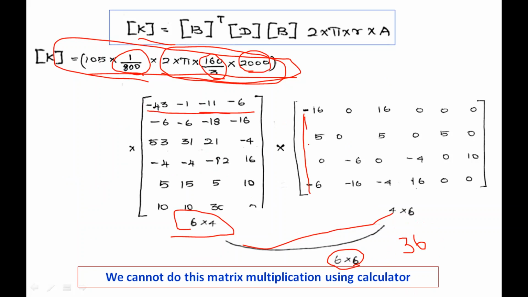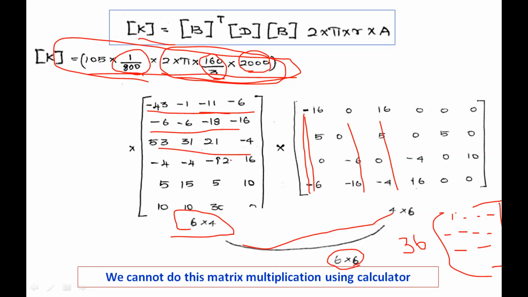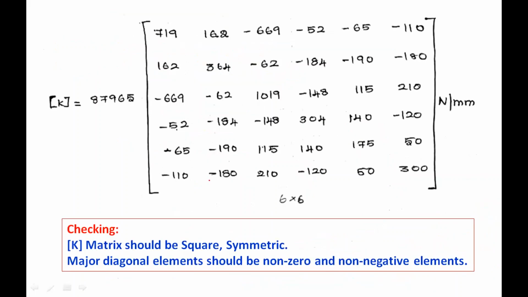First row, first column gives the first element of the 6 by 6 matrix. First row, second column, first row, third column, like that we get the elements of the first row. Then taking the second row, we get the elements of the second row. Then the third row gives the third row of the stiffness matrix. So we have to do it carefully. After doing this multiplication, the final matrix will be like this.